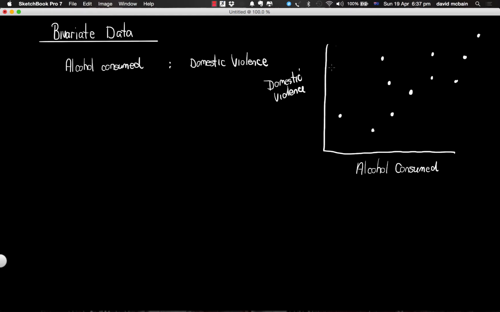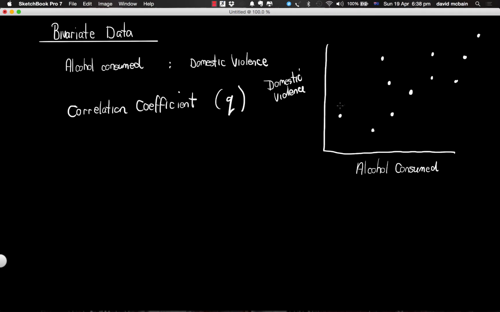And so with this data, we'd want to see if there is a link between these two. And the way to do that is to find how strongly these two are correlated. And to describe that, we use what's called the correlation coefficient. And that's often signified with a lowercase r. And we'll come back to that in a moment.